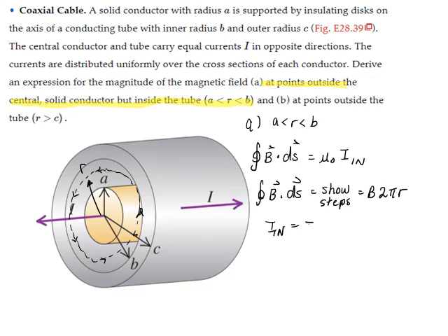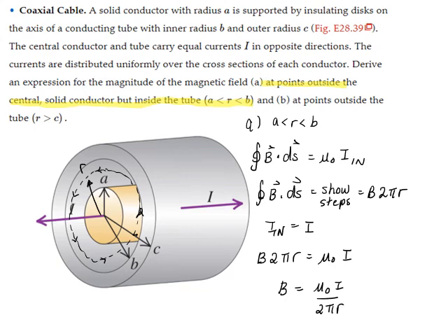That's labeled current I. Okay, let's put these things together. So the integral of B dot ds is B times 2 pi r. That's equal to mu naught times the current inside, which is just I, the current on the wire. So the magnetic field between those two conductors is mu naught I over 2 pi r.